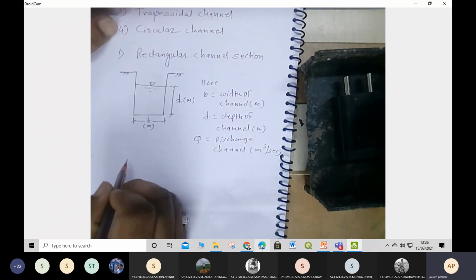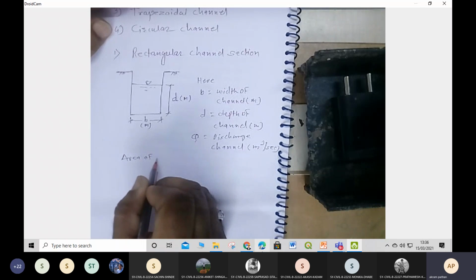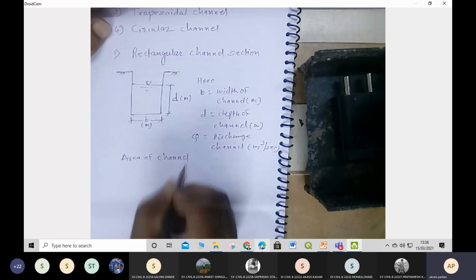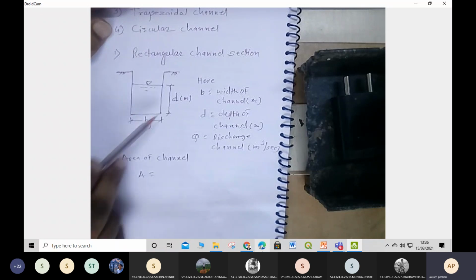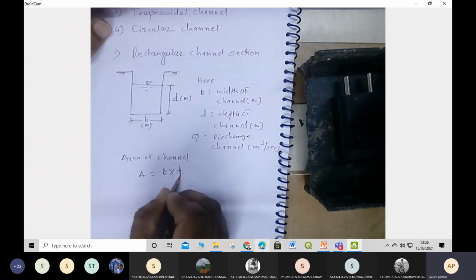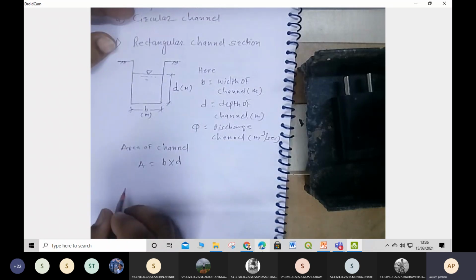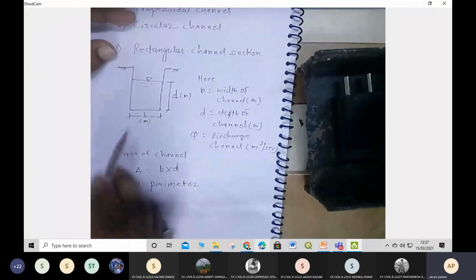Now we have to calculate the area of the channel. A is equal to b into d, since this is a rectangular shape. Next we have to calculate the wetted perimeter. Wetted perimeter means what?